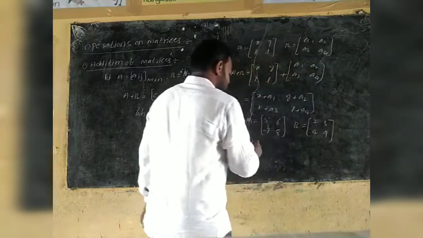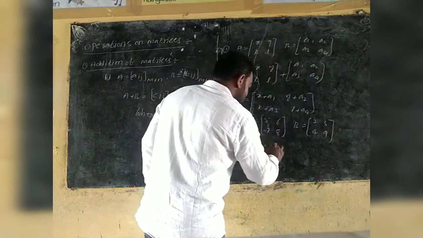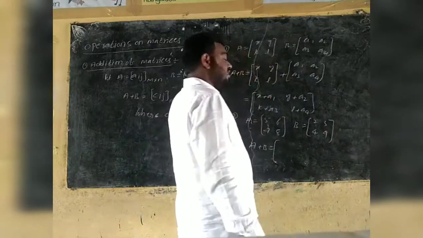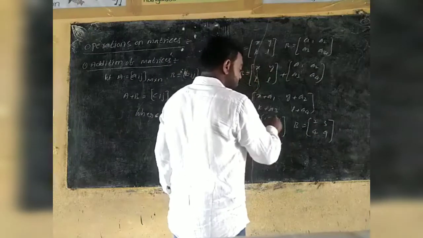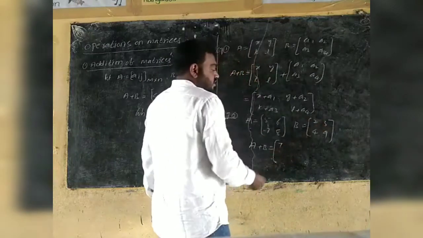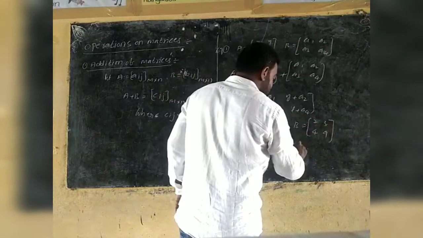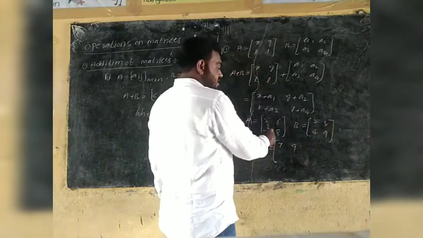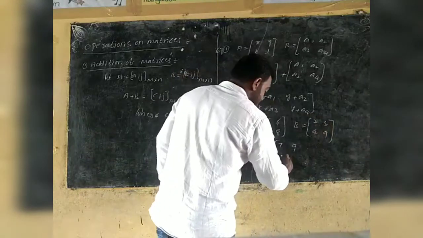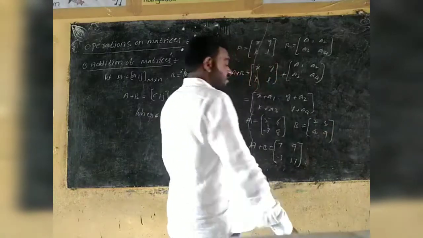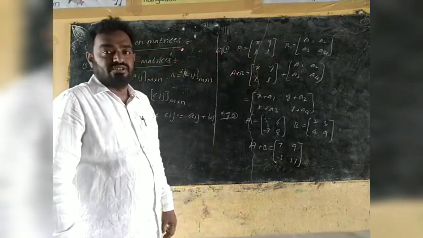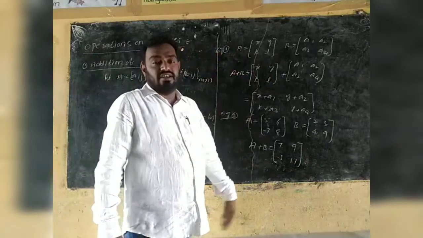So A plus B equals the sum of the corresponding elements: 5 plus 2, 7. This 5 and this 2, 7. 6 plus 3, 9. Minus 7 plus 4, minus 3. 8 plus 9, 17. This is the result matrix. Understood? Like this, we are adding the matrices.